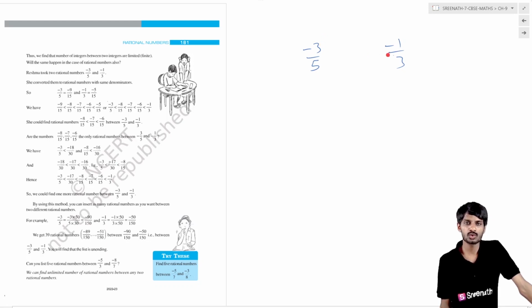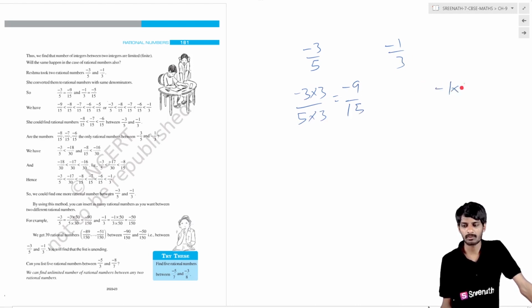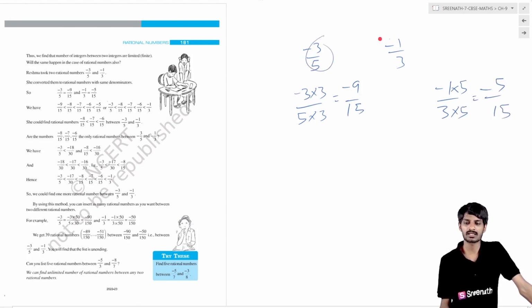Suppose you multiply the first with 3 on both sides, minus 3 into 3, 5 into 3, then it becomes minus 9 by 15. And again multiply the second with 5 on both sides, minus 1 by 3 becomes minus 5 by 15. So finally these numbers have transformed into minus 9 by 15 and minus 5 by 15.